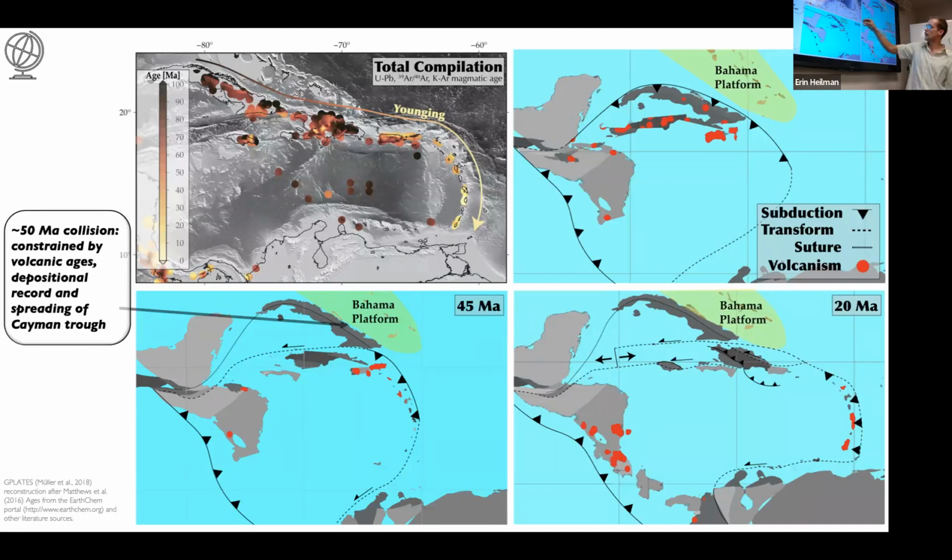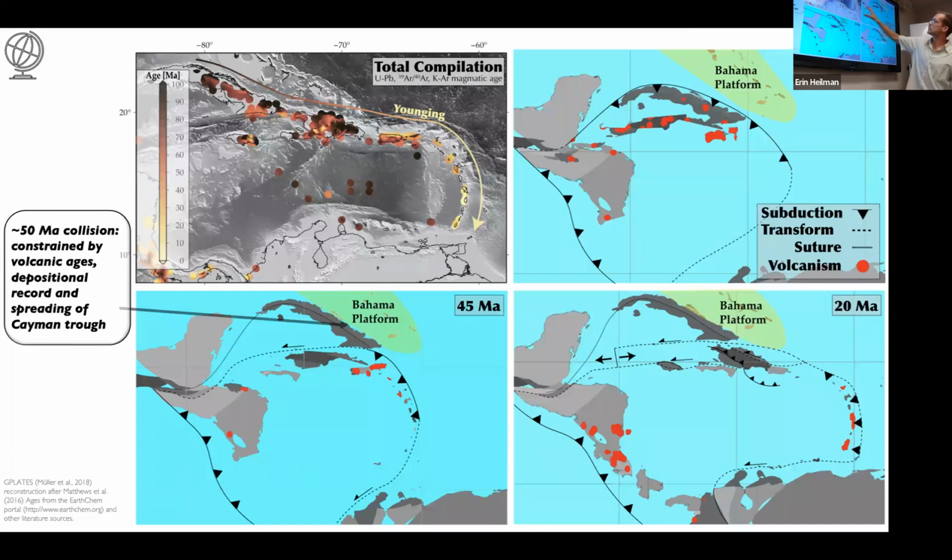And the Bahama platform supposedly enters the trench, jams up the subduction zone, and kind of everything shifts around. You have a reorganization of that boundary, and you start to initiate this large transcurrent plate margin. Hispaniola is kind of coming together, and you start to have volcanism in the Lesser Antilles. And 20 million years ago, you have something resembling what we have today. Of course, much changes.